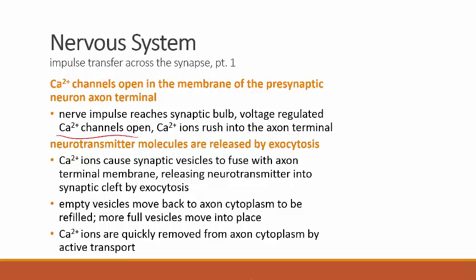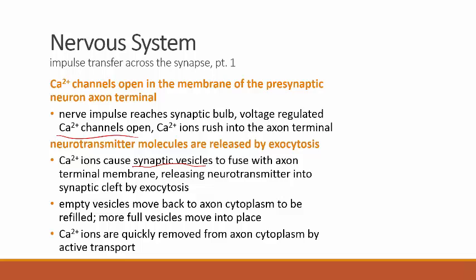With calcium rushing in, then that triggers the exocytosis, or the movement of the synaptic vesicles that are containing the neurotransmitter. It causes them to move to the membrane there at the axon terminal to exocytose then the neurotransmitter that they contain into the synaptic cleft.